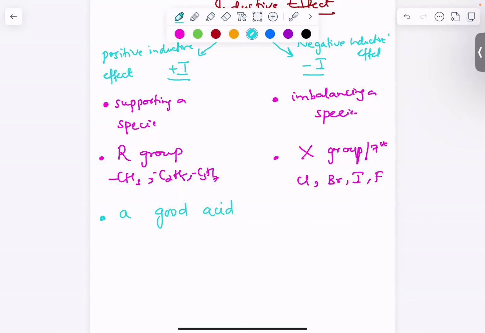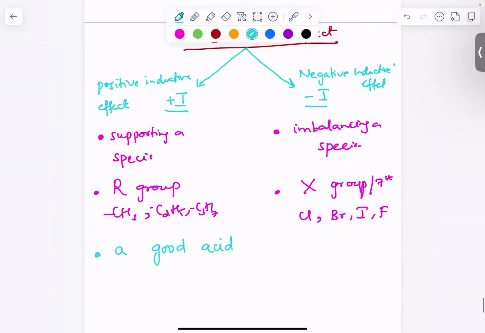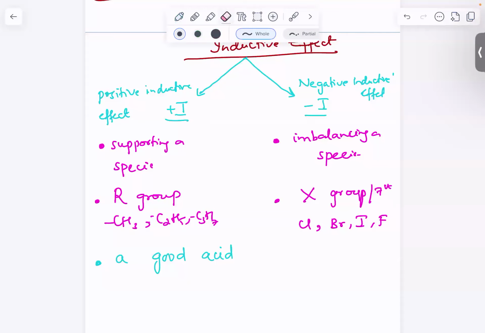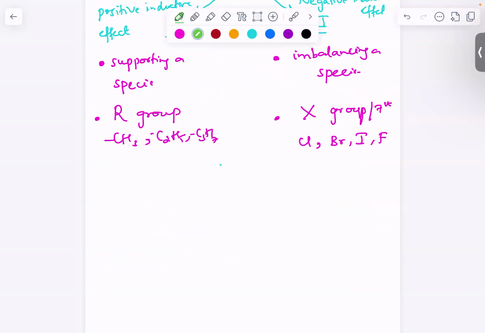Negative or positive? Negative. Oh, I have written it under positive. Sorry. So, a negative inductive effect, if attached to an acid, makes it a good acid.